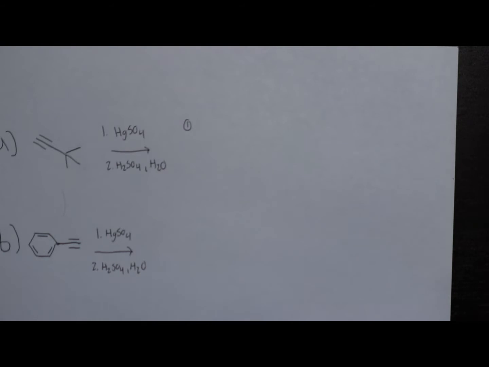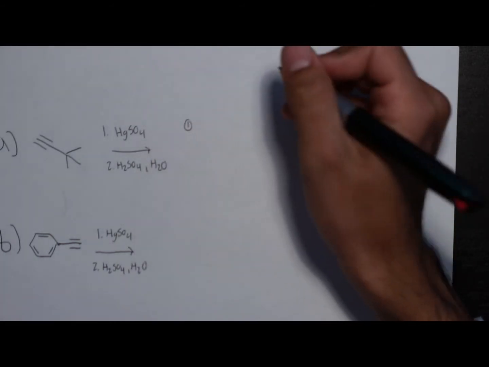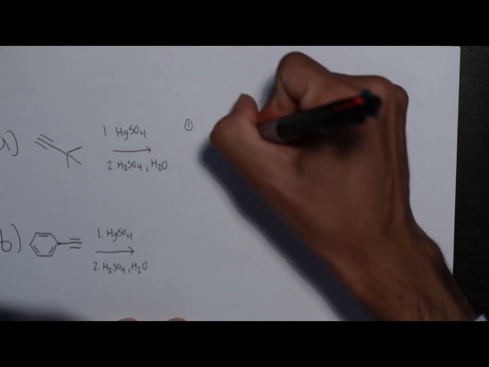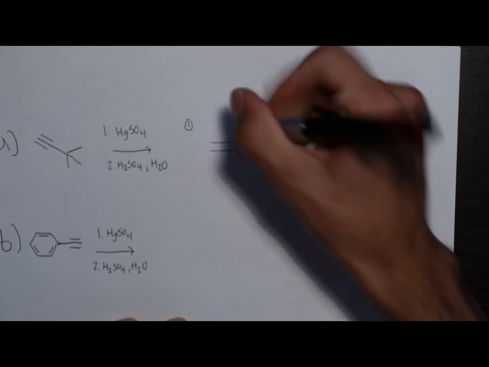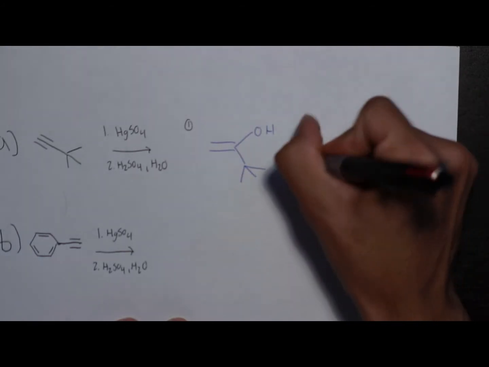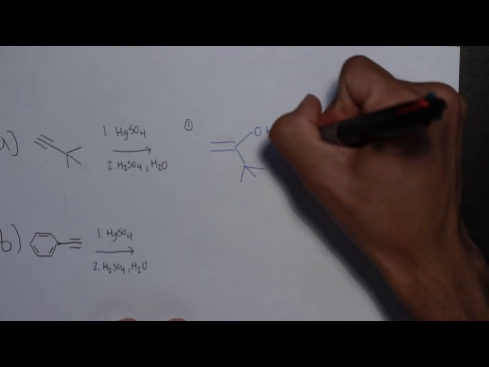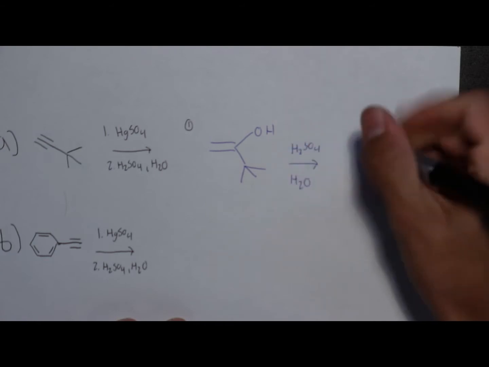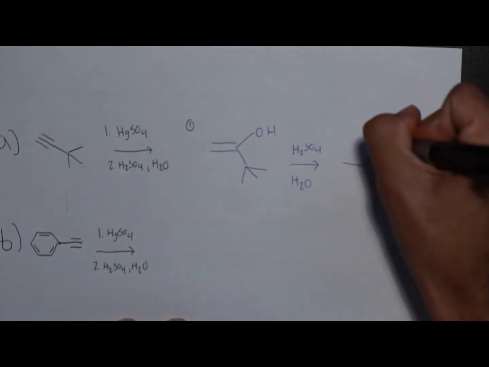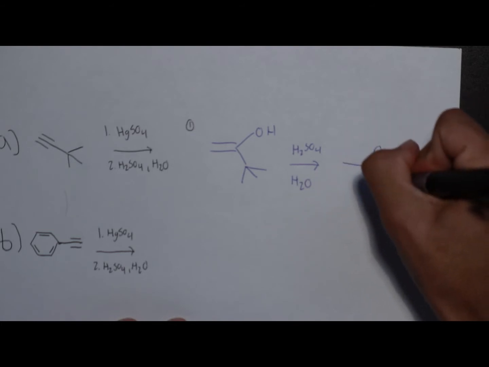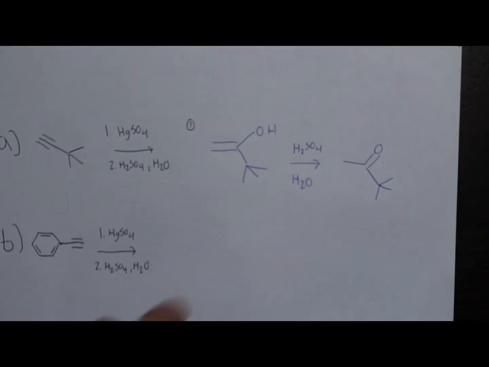So first, because of the mercury, we're going to form an enol. Our enol is then going to react with our H2SO4 and our water to form a ketone. Alright, so for part B, it's very similar.